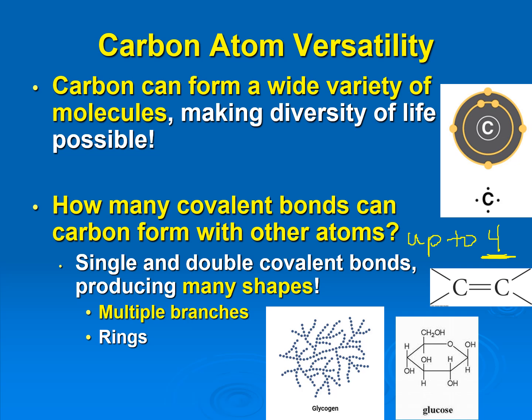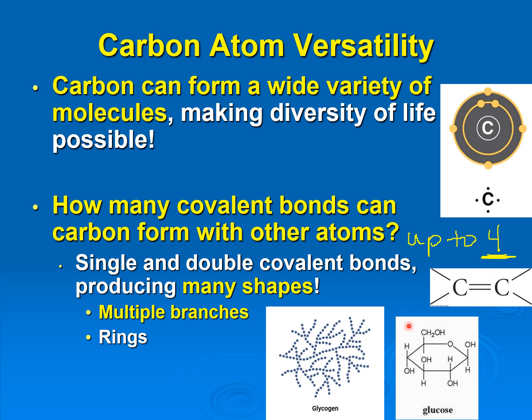So carbon can form many different shapes because it can form up to these 4 covalent bonds. It can form single covalent bonds, like what we've got represented here with just a single line, or it can form a double covalent bond, which is these double lines here.